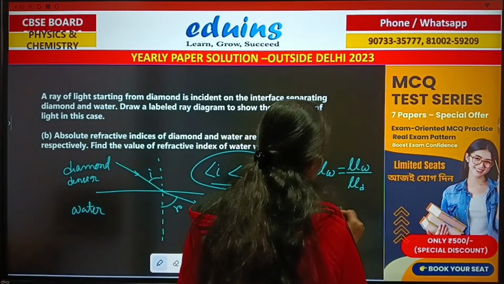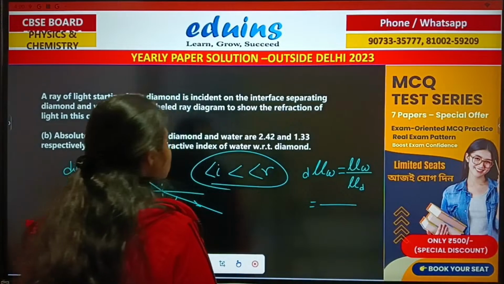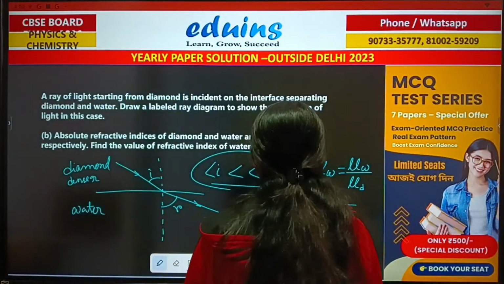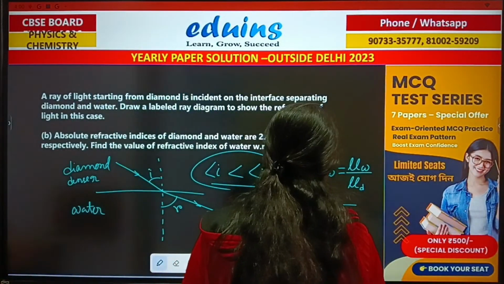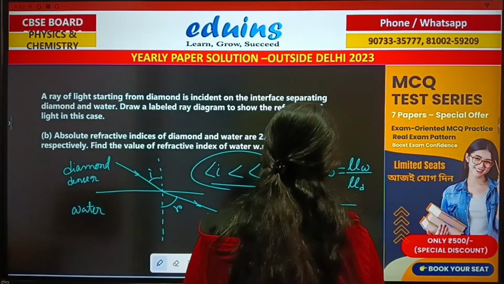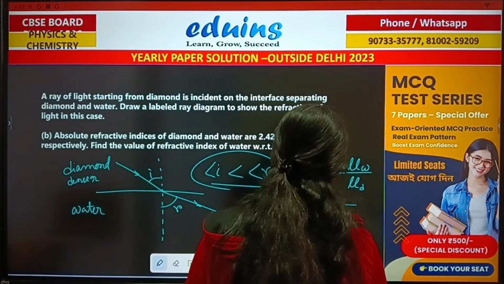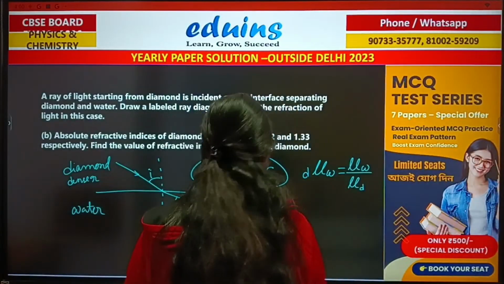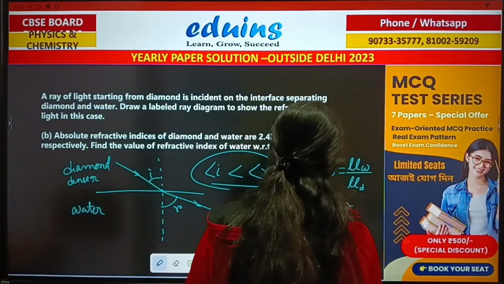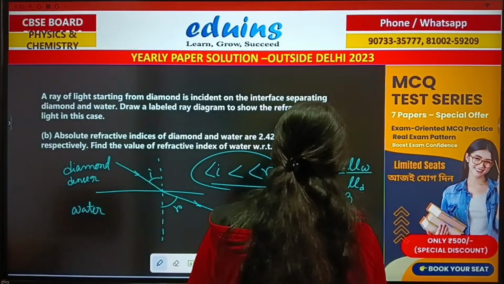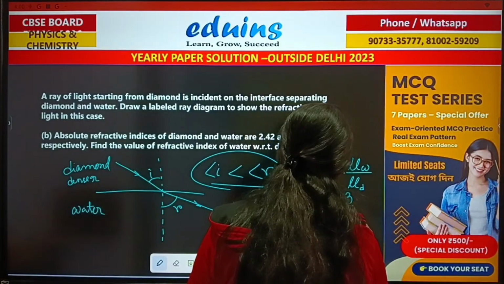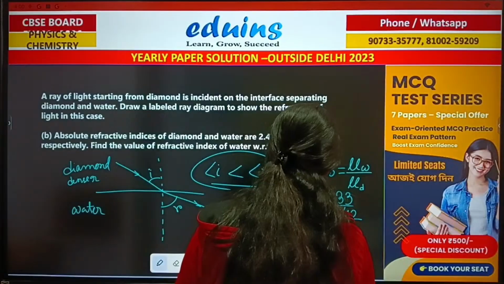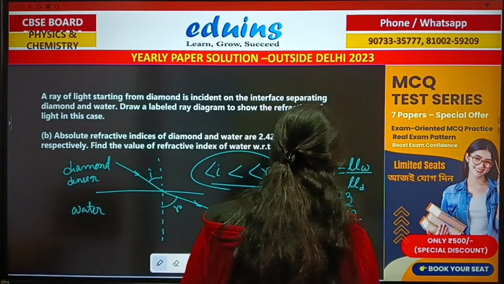And we know the absolute refractive indices. The refractive index of water is 1.33 and diamond is 2.42. So we get 1.33 by 2.42.